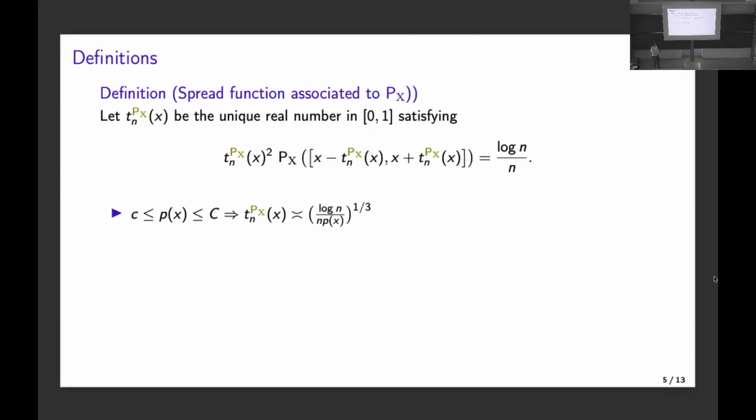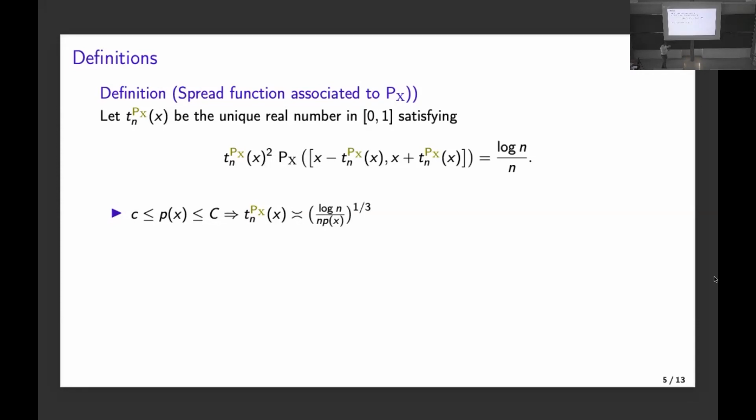So we're looking for the radius of the ball centered in X such that this probability measure is equal to log n over n. So if the distribution doesn't allocate too much weight around X, then one has to take a relatively large radius in order for the ball to weigh log n over n.